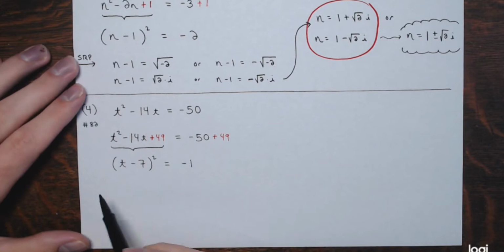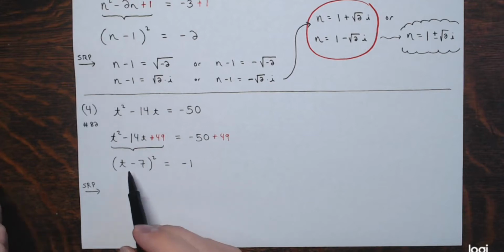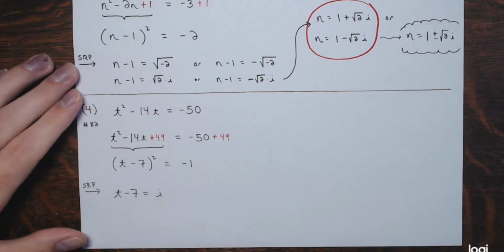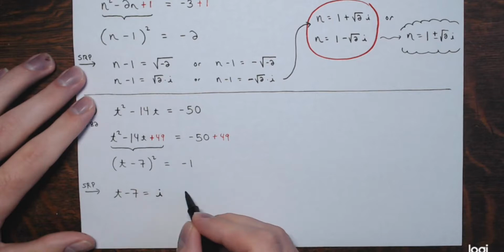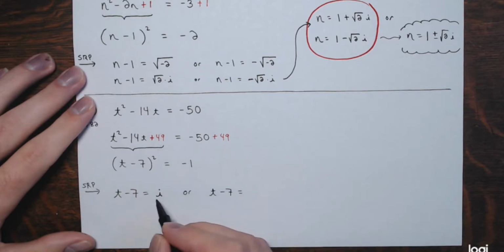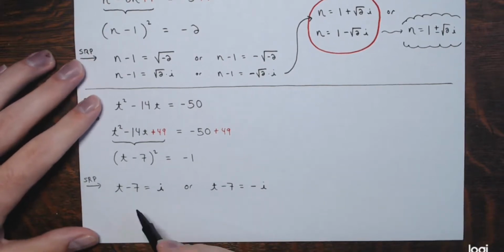Now I can apply the square root property, SRP, and say that t minus 7 is either i, that's the square root of negative 1, or t minus 7 equals negative i. And then adding 7 to both sides, I get my solutions.